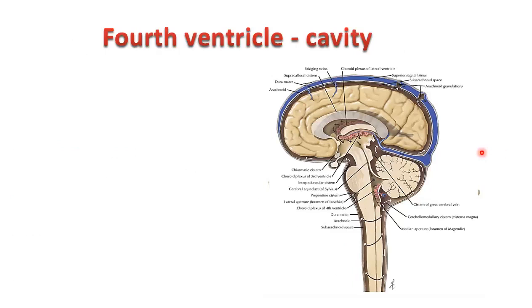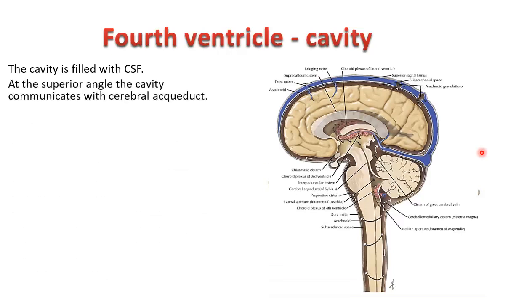Now coming to the cavity of the fourth ventricle. As you know, it is filled with CSF, which is produced by the choroid plexus projecting into the cavity of this fourth ventricle. At the superior angle, the cavity is continuous with the cerebral aqueduct, or aqueduct of Sylvius or Iter, which is a narrow cavity of the midbrain.